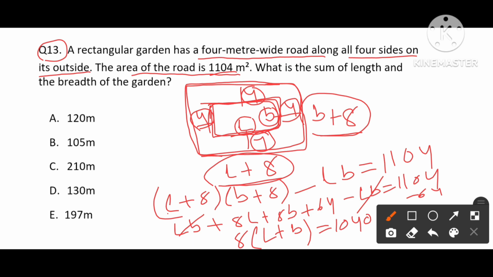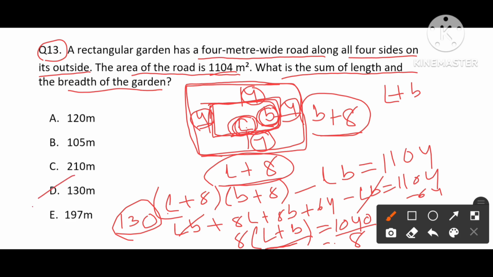Now the question asked is, what is the sum of the length and breadth of the garden? L plus b is what is asked. Here we have 8 into L plus b equals 1040. So L plus b will be 1040 divided by 8. 8 1 times 8, and 3 times 24 and a 0. So the answer will be 130. Option D is our answer.